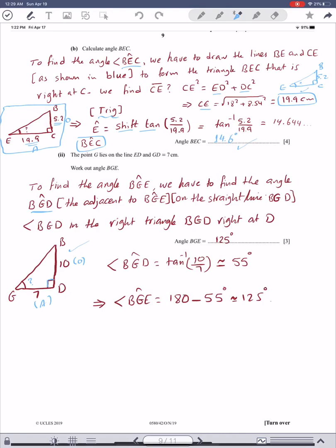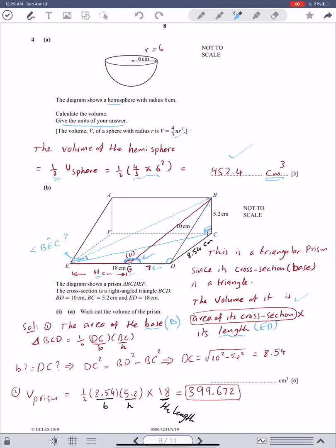So you can find this angle, which is BGD, and train yourself to read, label and draw the angle with 3 letters. Don't say angle G or angle D, you'll not be helping yourself in this way. Because sometimes, like happens in this question, this is the vertex of many angles.